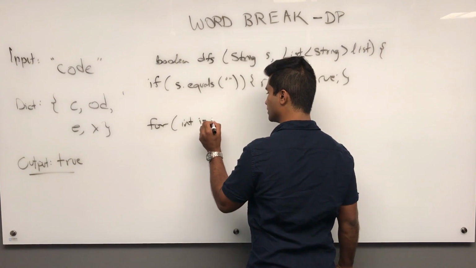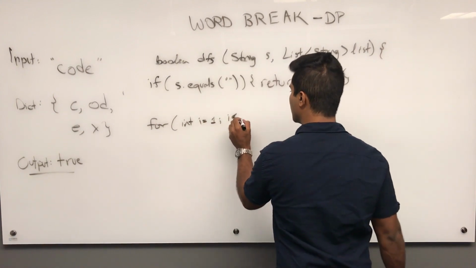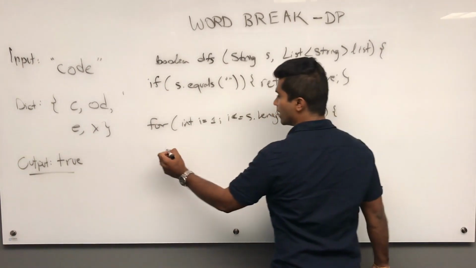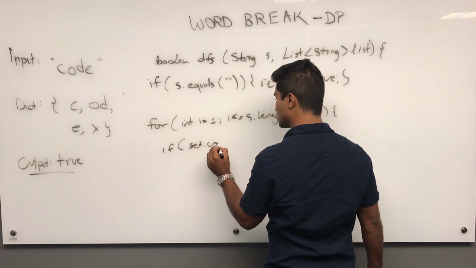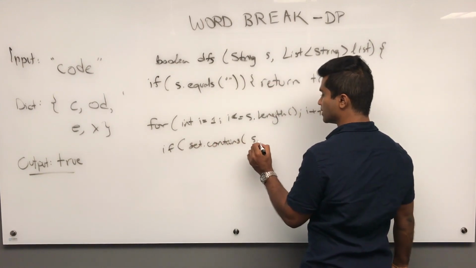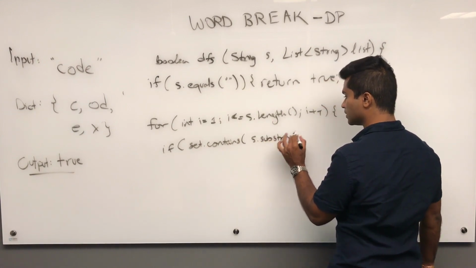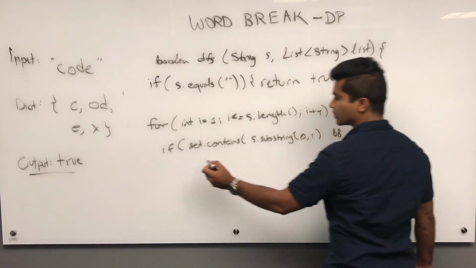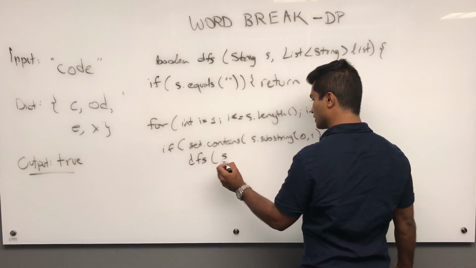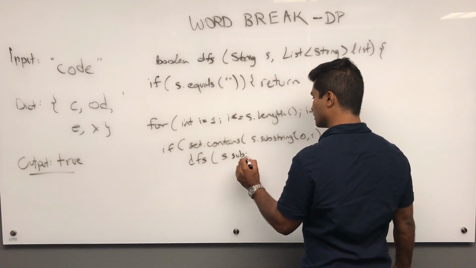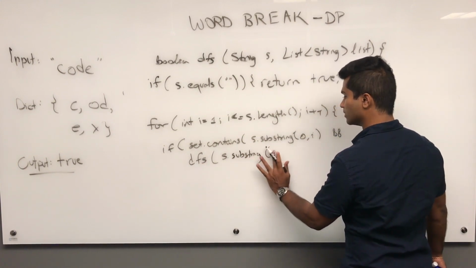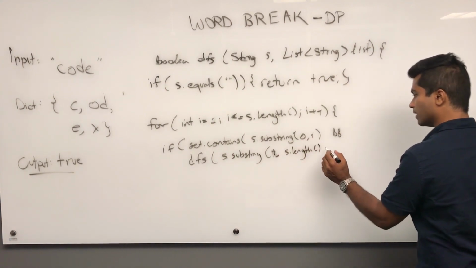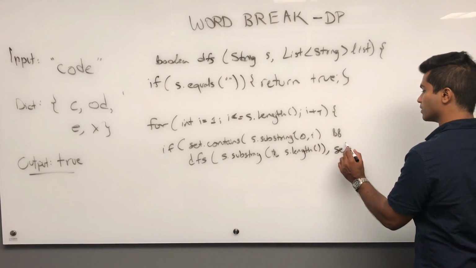For int i equal to 1, i less than or equal to s.length, i++, if the set contains s.substring from 0 to i, then we check recursively the rest of the substring: s.substring from i till the end of it, and pass in the set recursively.